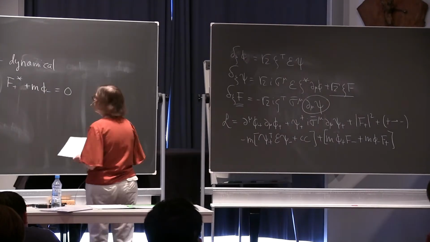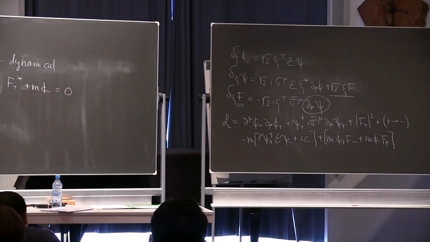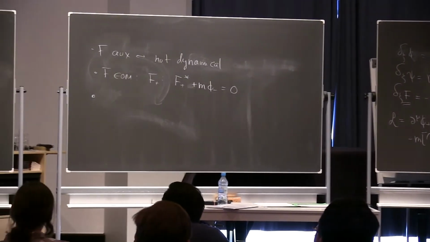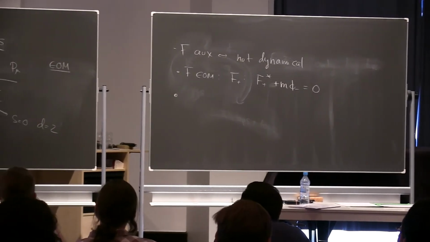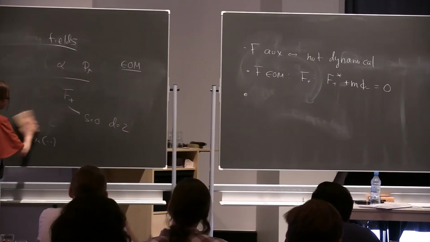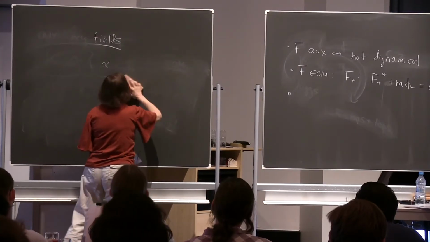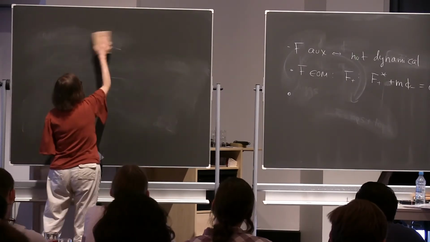But now comes the real utility of this. So basically, now that we introduce this auxiliary field, we can come up with a completely general recipe for constructing supersymmetric theories.